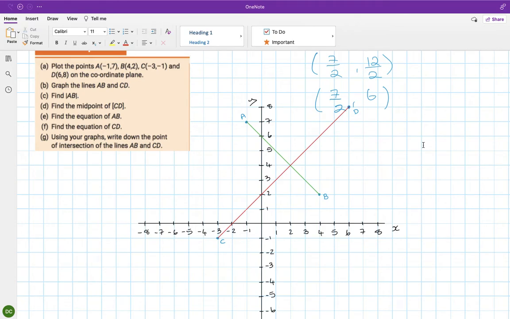Now, the next part says find AB. Doesn't say a whole lot, but it does have these straight line brackets, and the straight line brackets mean distance or length.